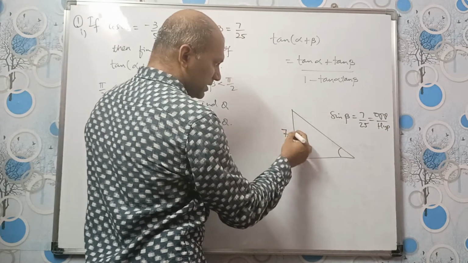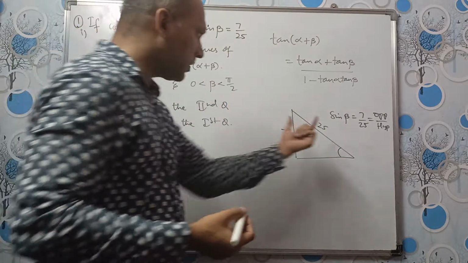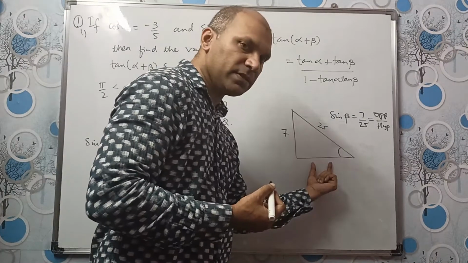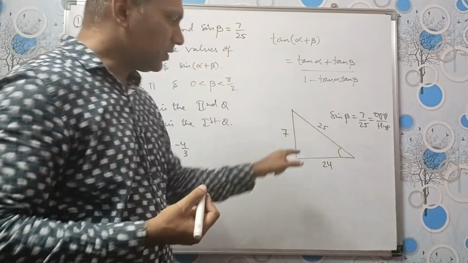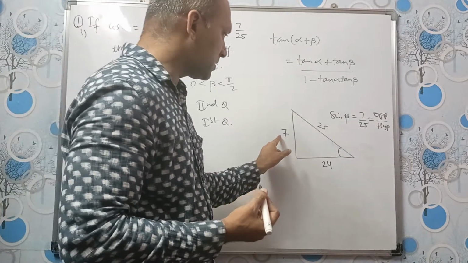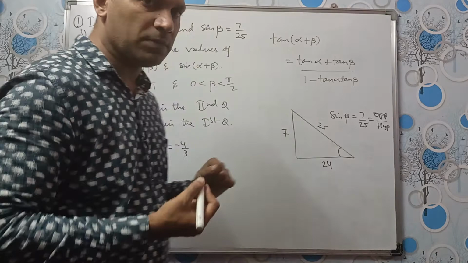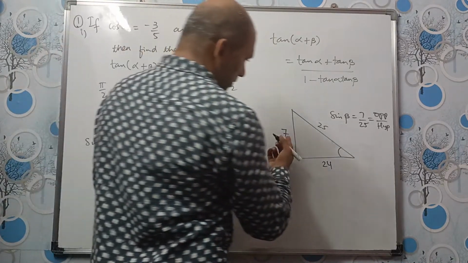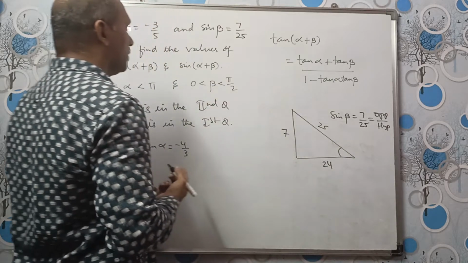So this is opposite, that means this is 7 and hypotenuse is 25. Now if you use Pythagoras theorem, the adjacent side will be equal to 24. You should remember these numbers because since 10th standard we have been doing Pythagoras theorem. So 7, 25 and 24, these are Pythagorean triplets.